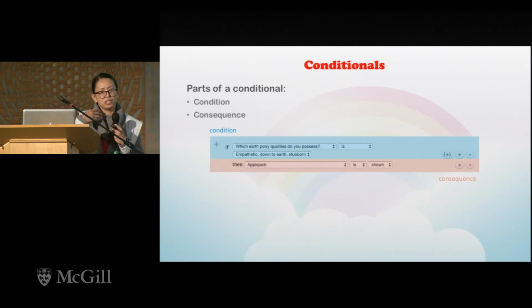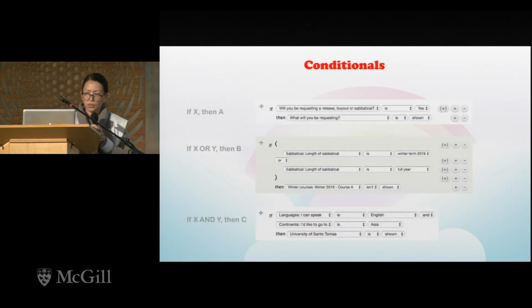They're just going to roll off the tongue better than saying if statements and then statements repeatedly as we describe what's happening. Now, there's a wide variety of combinations of conditions and consequences possible. They can go anywhere from very simple conditional statements like if X, then A. Can't get any simpler than that, to conditional statements that are a lot more complex.